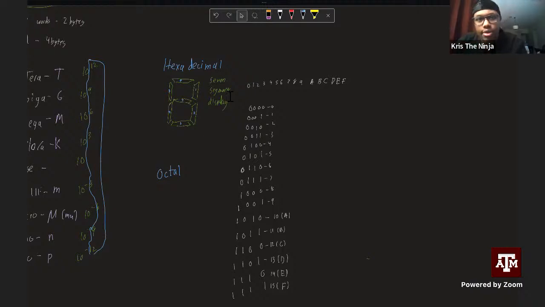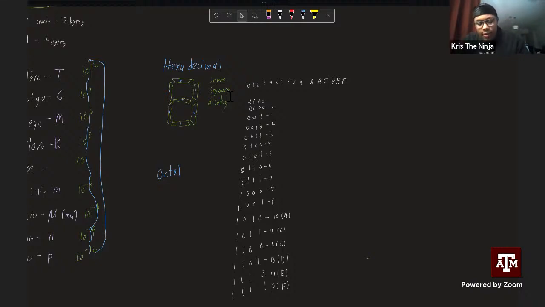The way you count in binary is each bit is 2 to a certain place, and then you just add them up. If all of them are 0, you get 0.